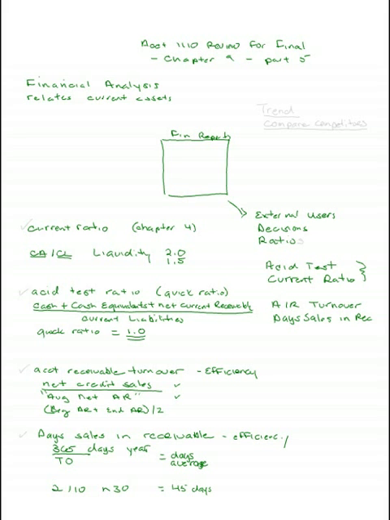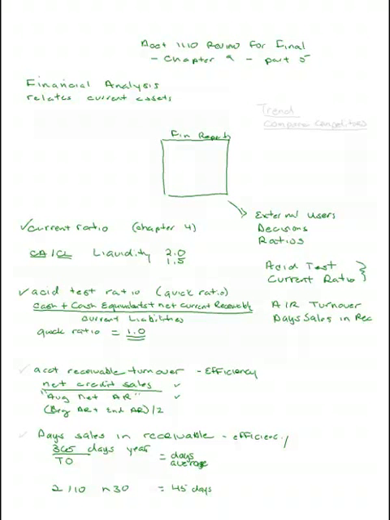So, what ratios did we add? We reviewed the current ratio, a measure of liquidity, current assets divided by current liabilities. Desired effect is somewhere between 1.5 and 2. I can still say that. The acid test ratio, the same kind of ratio but a more stringent version, pulls prepaids and inventory out of that numerator and just leaves cash, cash equivalents, and net current receivables divided by current liabilities.